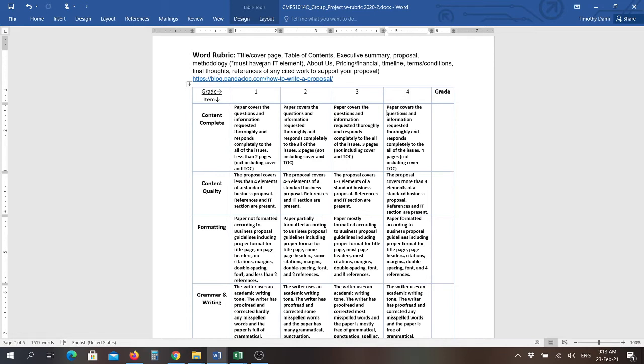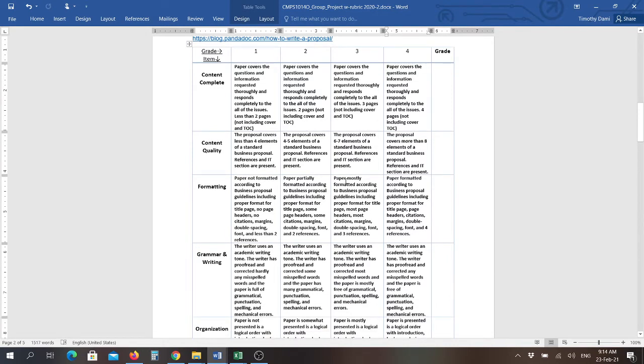So if you use this guideline that's provided here, you have 10, which means that you have above the 8. This is what I'm talking about, but you can look it up and see if there are other things you want to include in place of these, but you at least have to have the references and IT section. And obviously every business proposal has to have a cover page, right? That goes without saying, and also the table of contents. So you can decide on some of the other things and what you want to put in here. This is just a guideline, right?